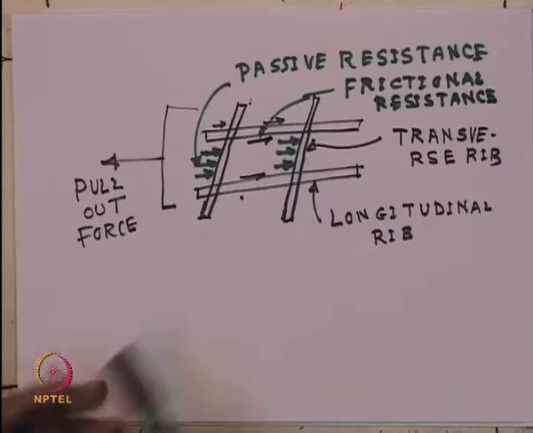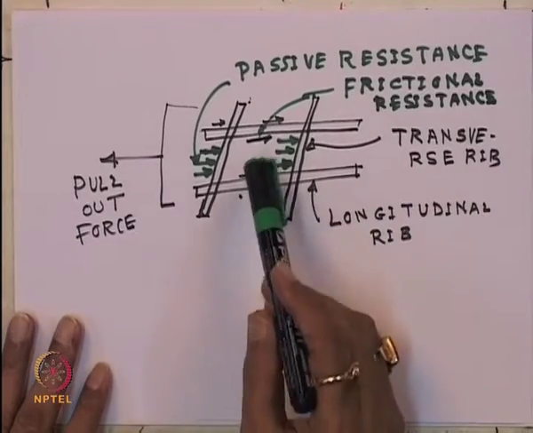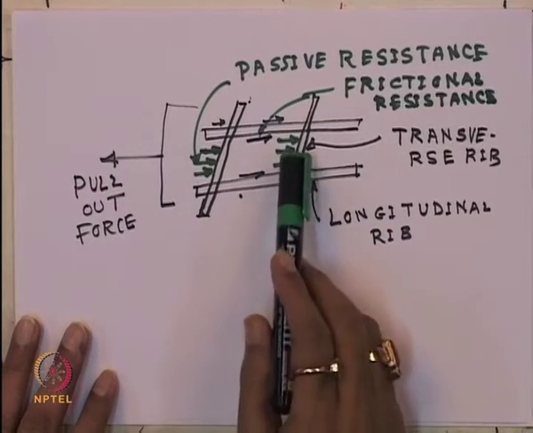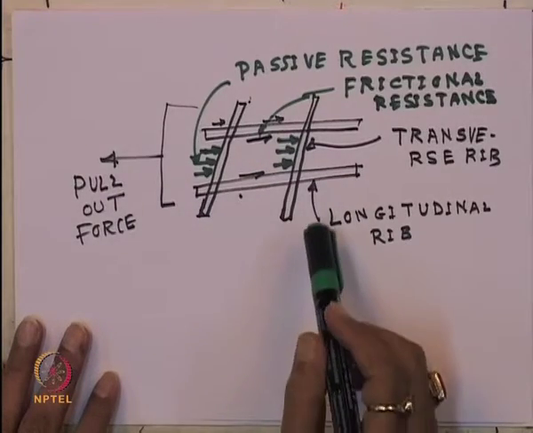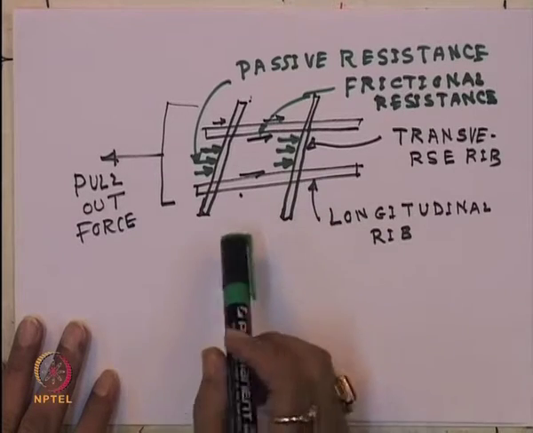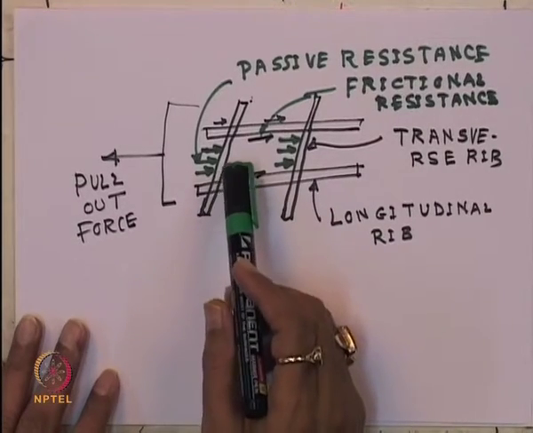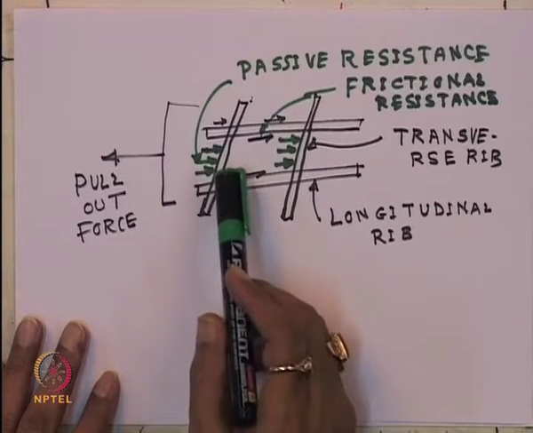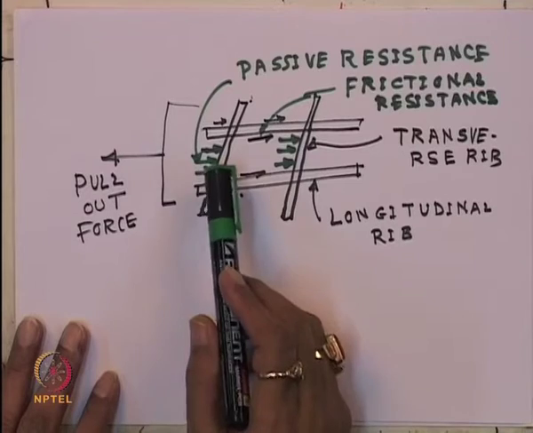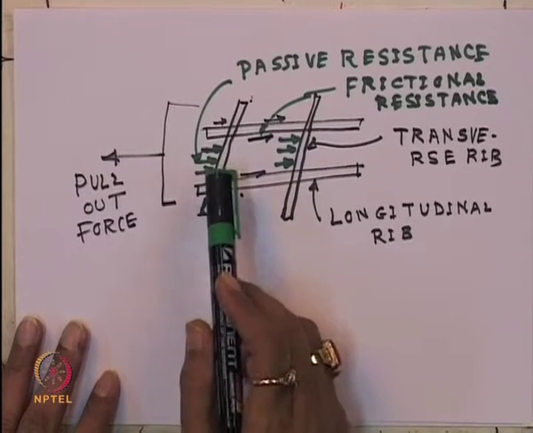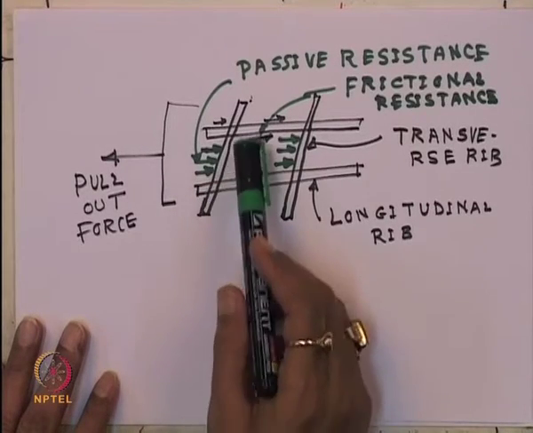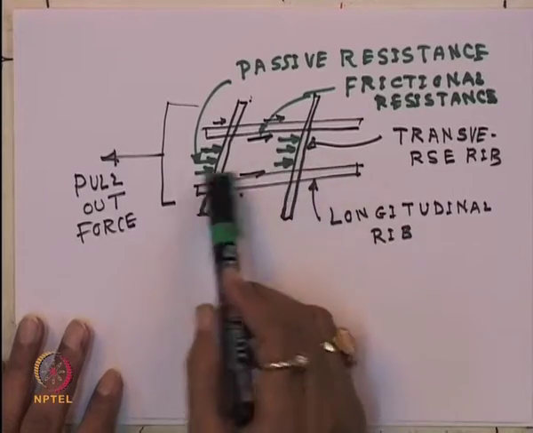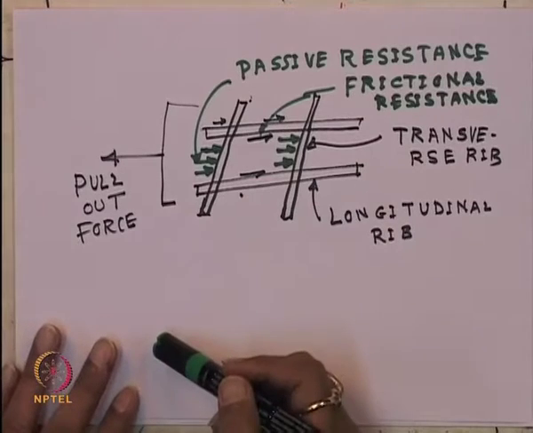So here we are showing soil passive, that means bearing resistance of the reinforcement surface. Passive resistance means stresses are transferred from soil to the reinforcement by bearing between the two transverse elements against this soil.